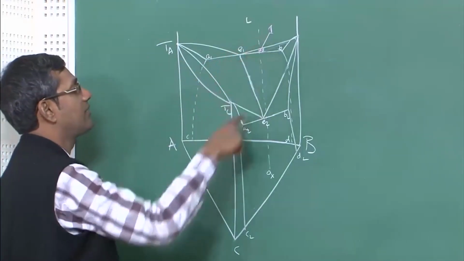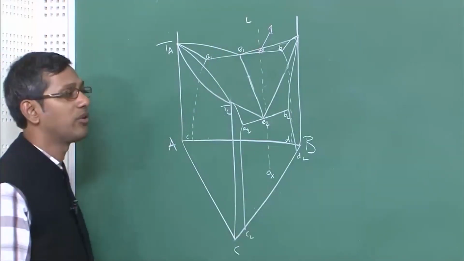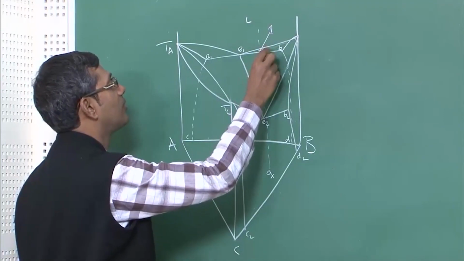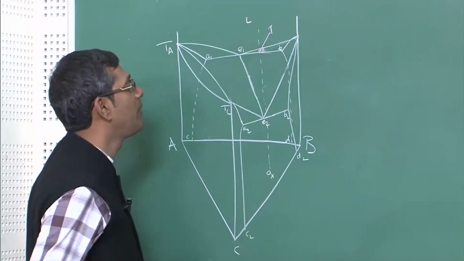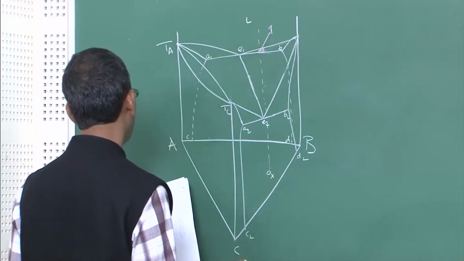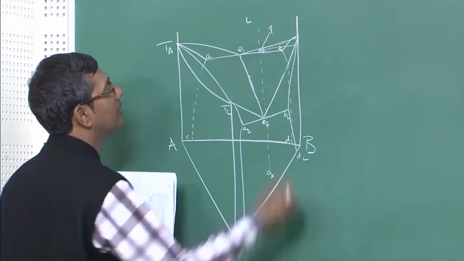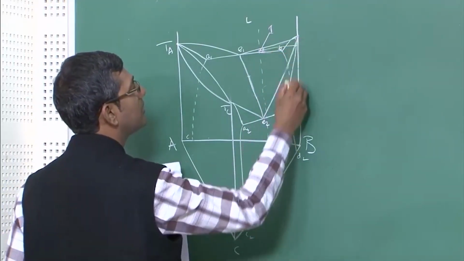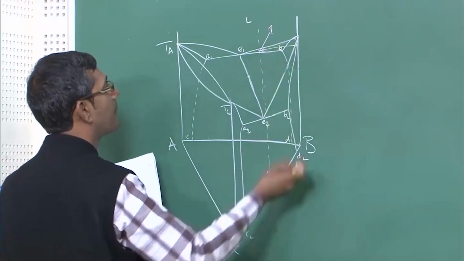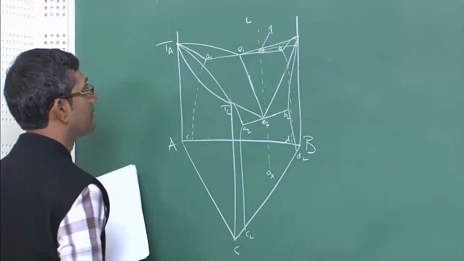It goes like this and goes down also. When it cools down, it hits the liquidus surface at point 1, and at point 1 the liquid will be in equilibrium with the solid of a composition given by point 2. Point 2 is on this surface, on which this will be in equilibrium.